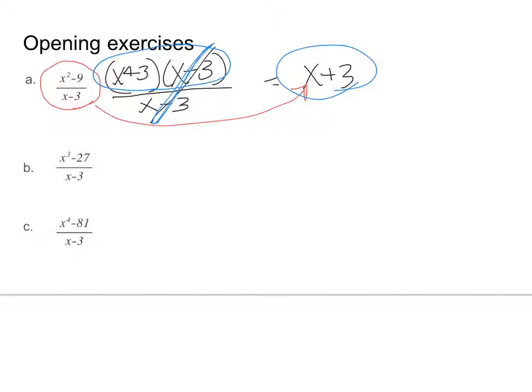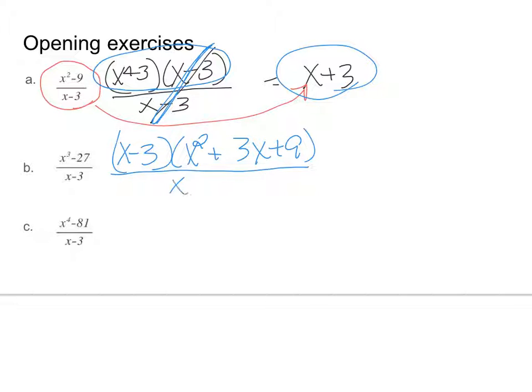Here, this next one, we have the difference of cubes. So we can work that out into x minus 3 and then x squared plus 3x plus 9. We learned that a few lessons ago, over x minus 3. And then we are with an answer.